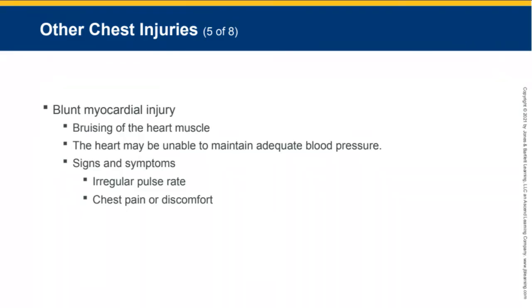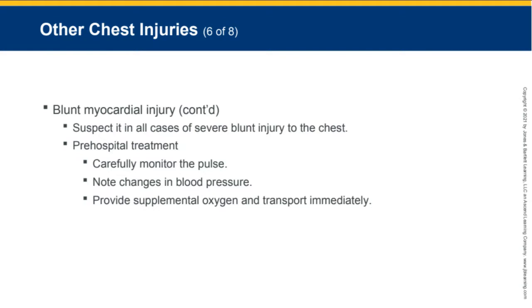Chest pain or discomfort. Blunt myocardial injury, suspect in all cases of severe blunt injury to the chest, and your pre-hospital treatment, carefully monitor the pulse, note changes in the patient's blood pressure, provide supplemental oxygen, and transport immediately.